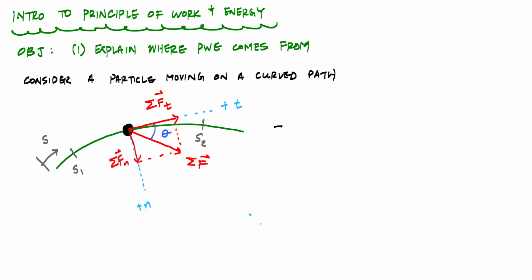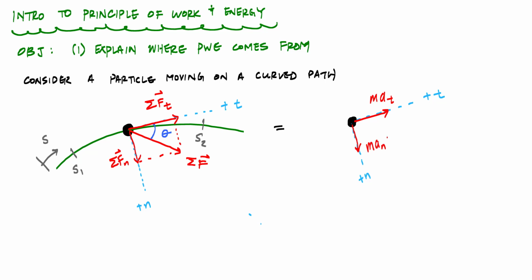This would be the external force diagram, and we'd also have this inertial diagram with the same tangential and normal directions, with the inertial term m a_t and the inertial term m a_n.